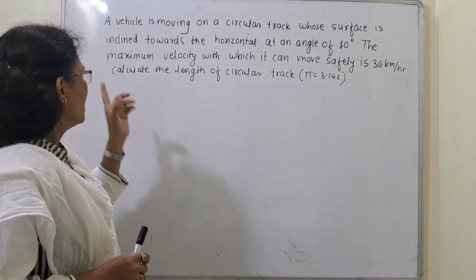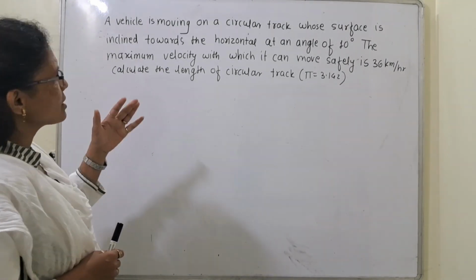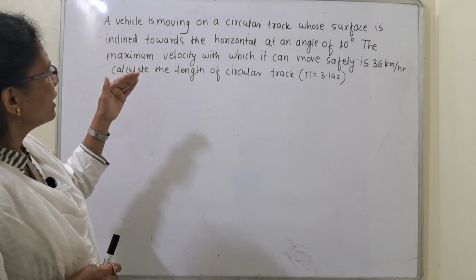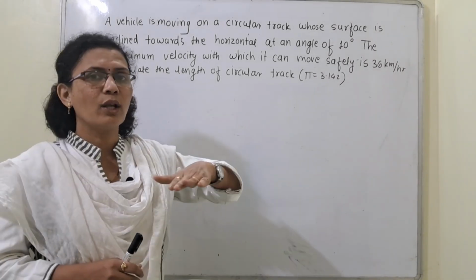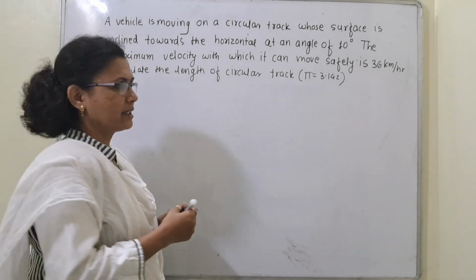A vehicle is moving on a circular track whose surface is inclined to the horizontal at an angle of 10 degrees. Means this vehicle is traveling along a circular path which is inclined at angle theta.